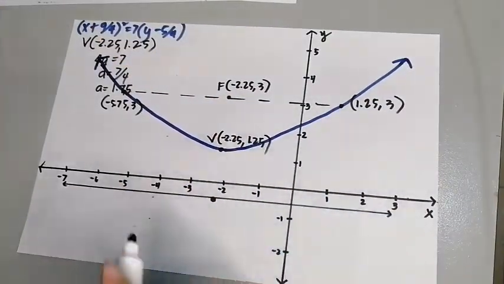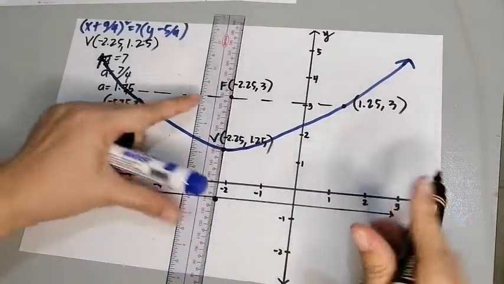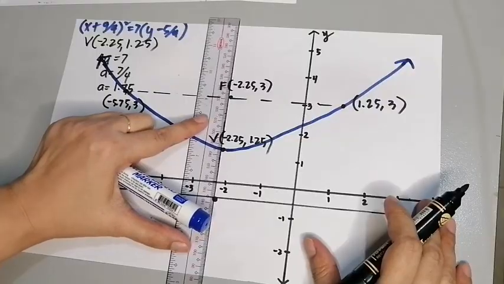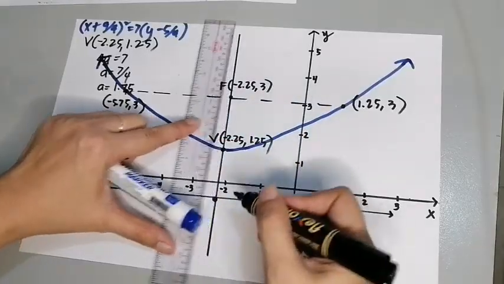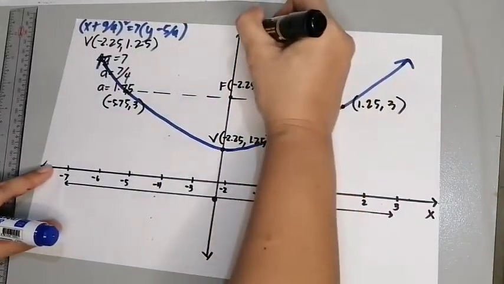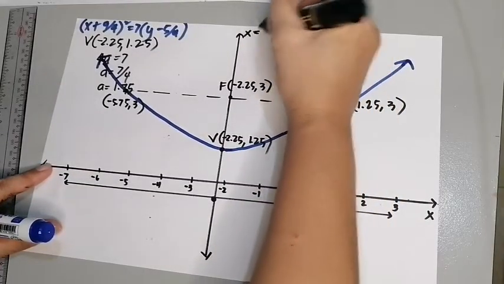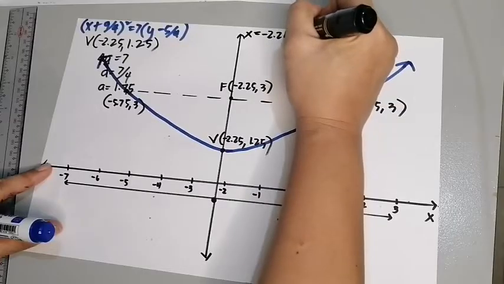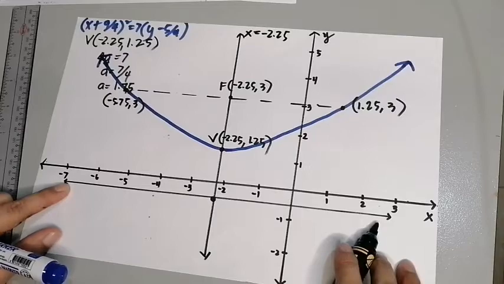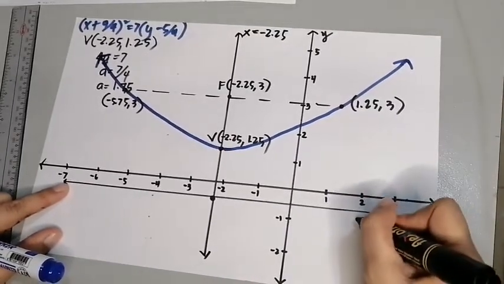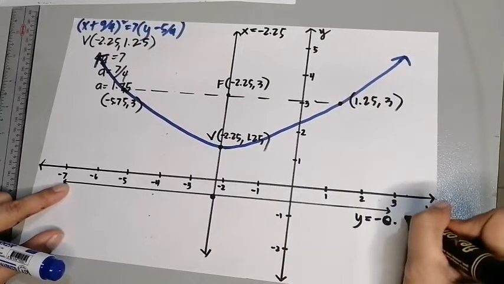Then we have the axis. Don't forget the axis. So what is the equation of the axis? The axis has the equation x equals negative 2.25. What about the directrix? What's the equation of the directrix? This is y equals negative 0.5.